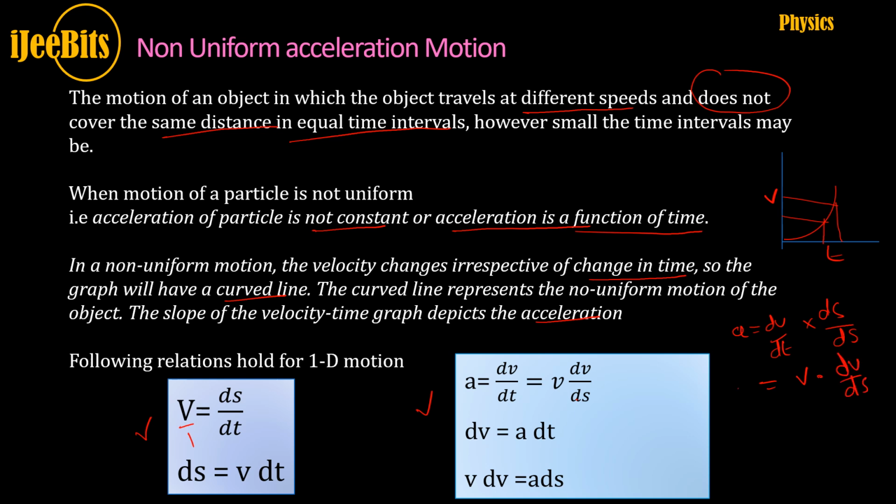Correct, no? That is called a. So now cross multiply: a into ds equal to v into dv. This is another way we can relate. These relationships are very helpful for you to solve one-dimensional non-uniform problems. Are you clear? Good one.